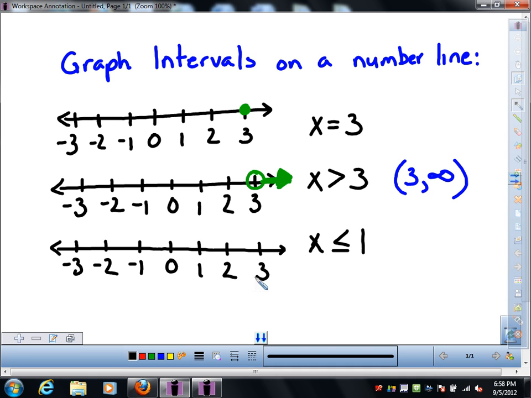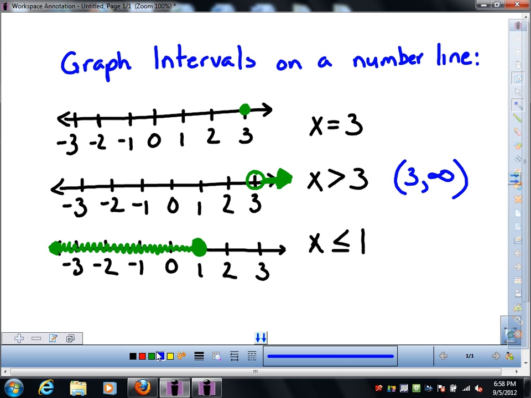Now if we want to write this one as an interval, notice we have the equals to as well. So when we graph that one, we're going to have a solid circle at the number 1 because we include that number. But again, because our variable is on the left-hand side and our inequality is pointing to the left, referring to less than, the numbers that are smaller than, we know that's going to give us all of these numbers to the left. And it will go as far as we can take that.